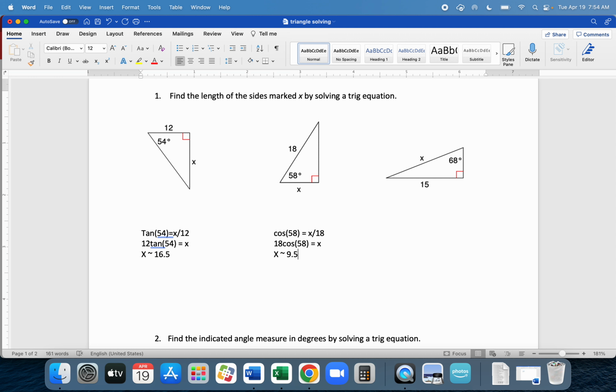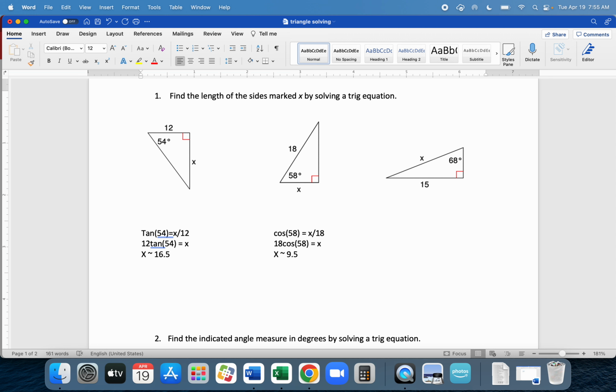So the third triangle here has more challenging solving, just because it's not just x over a number, get the x by itself. The x is going to end up in the denominator. It starts out as the hypotenuse of this triangle. I know the length of the side opposite from this 68-degree angle, which if I oriented it in a circle, you can imagine the 68 in that corner.